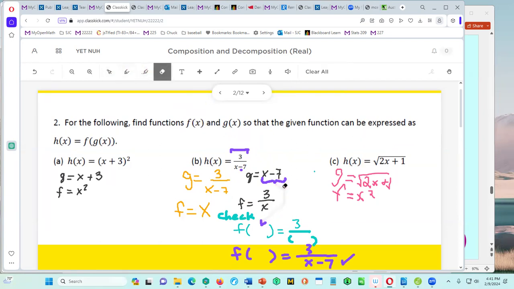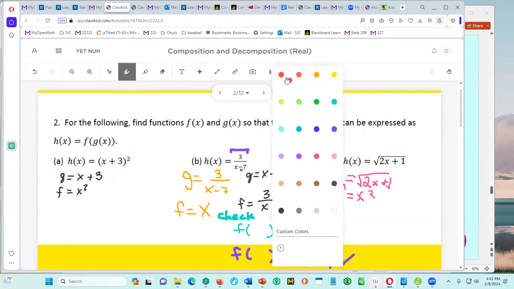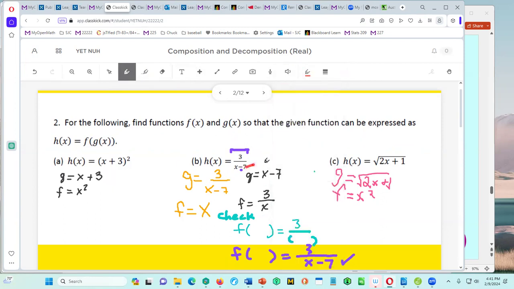But what this activity is intended to do is to drill on this so that you learn to recognize a correct inside function and a correct outside function that is considered a legit decomposition of the function. So we're going to circle this because this is a correct answer.